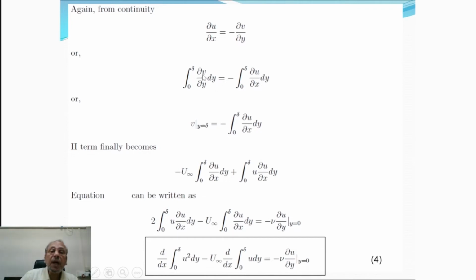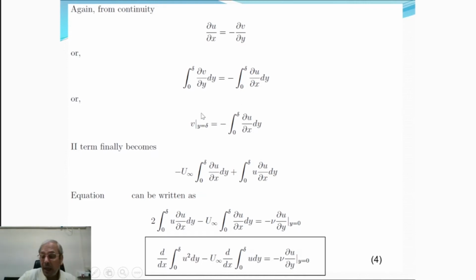Now this integral, ∂v/∂y into dy, the result of which is v at y equal to delta minus v at y equal to 0. V at y equal to 0 we know is 0, but v at y equal to delta becomes then minus the integration 0 to delta ∂u/∂x dy.